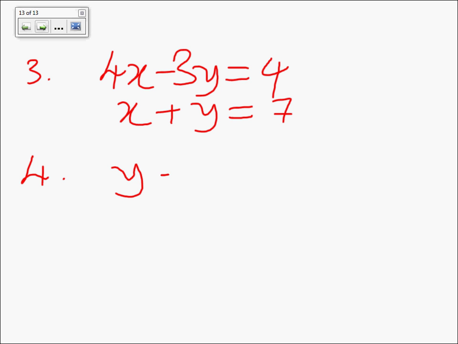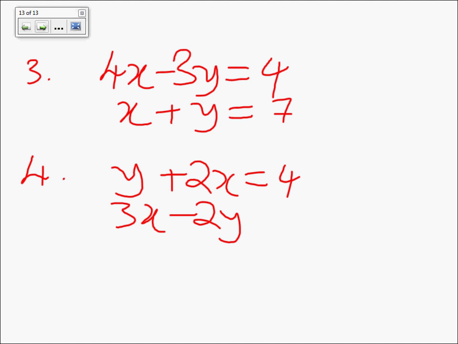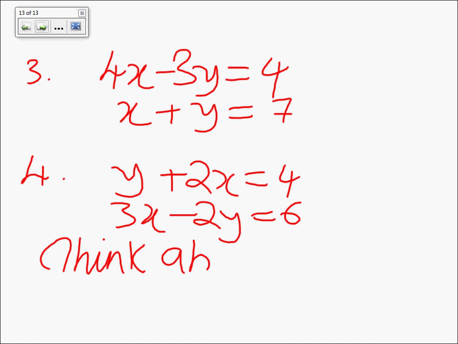Number 4: y plus 2x is equal to 4, and 3x plus 2y is equal to 6. Mind you, when you get a system like this one, you have to rearrange. Think about rearranging. You should be able to rearrange the order.